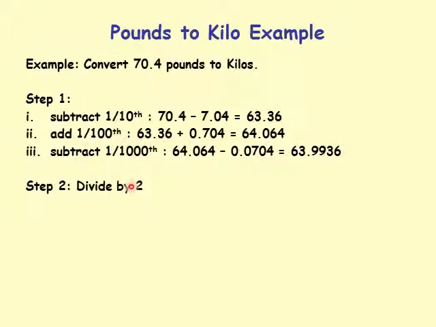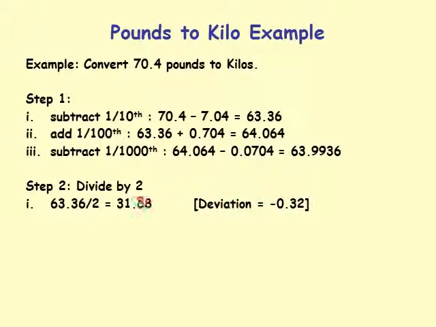So we are going to divide by 2. First we divide this one by 2, and then that one, and that one. Let's continue here. So 63.36, this approximation divided by 2 is 31.68, and the deviation is minus 0.32.